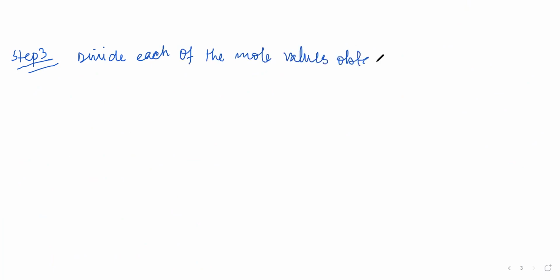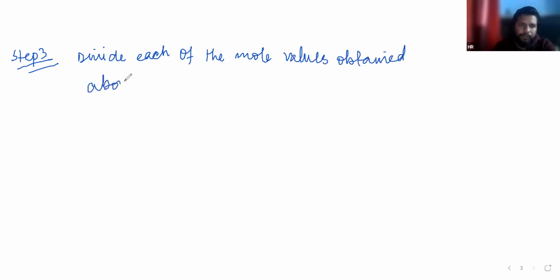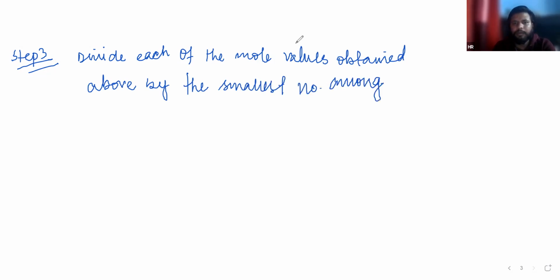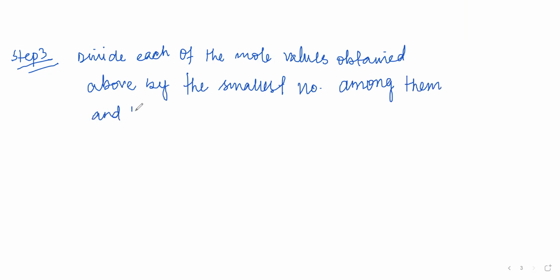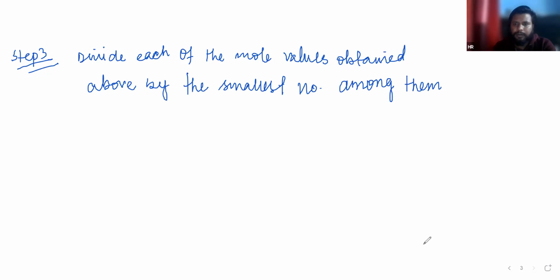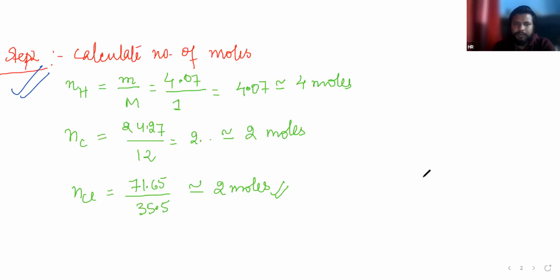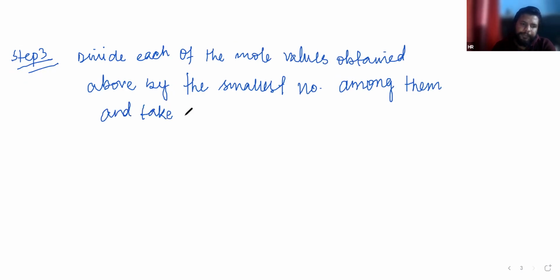Now, step 3 is very easy. Divide each of the mole values obtained above by the smallest number among them, and take the ratio.